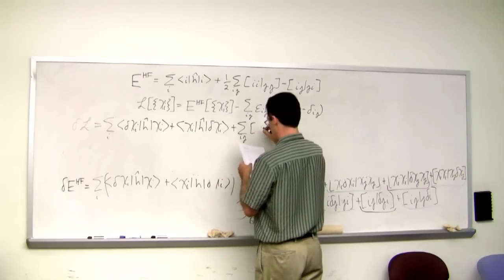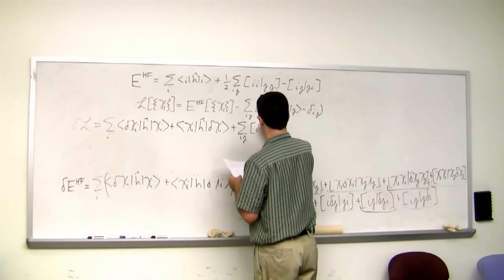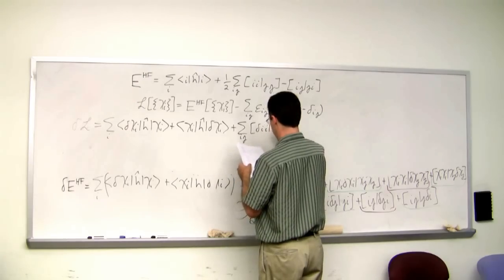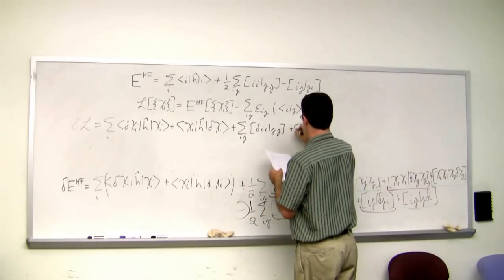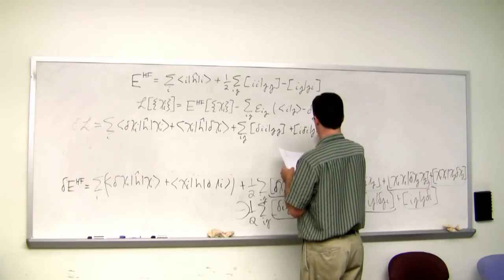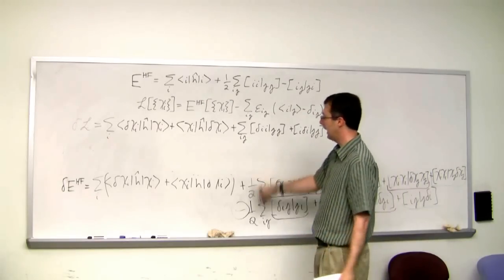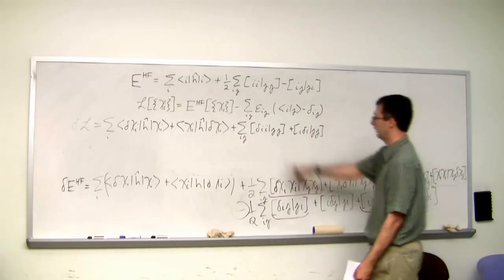I'm going to use this slightly easier to write shorthand. I'm just going to call that delta i, j, plus i delta i, j. Those are the two Coulomb pieces. Notice I had a half before, but I got rid of it. That's because I combined two terms and that 2 canceled the half.